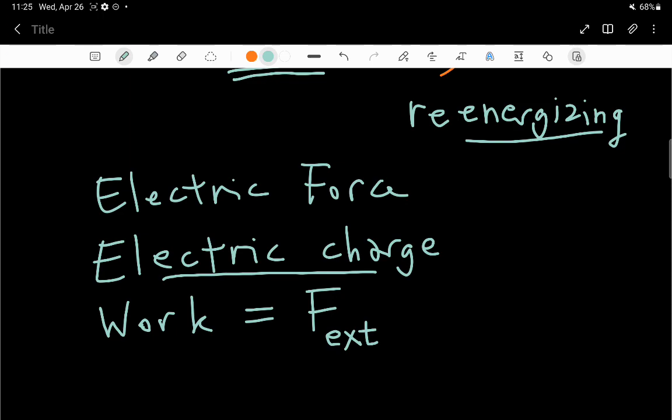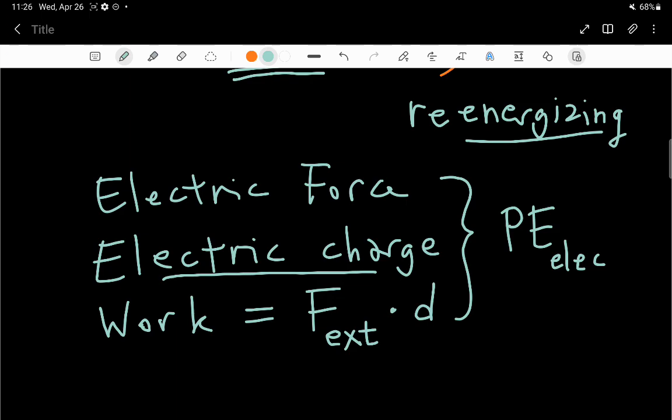Because they're different kinds of pieces of information. The work is actually equal to the force times a displacement or a distance over which the force acts, right? And if you consider these things, you can begin to think about what's called the electric potential energy. And this is what's stored in batteries.